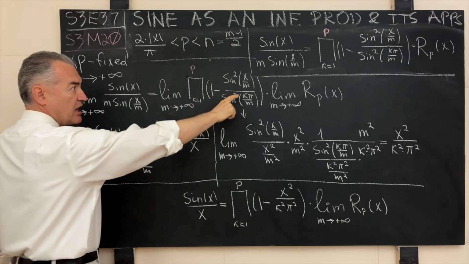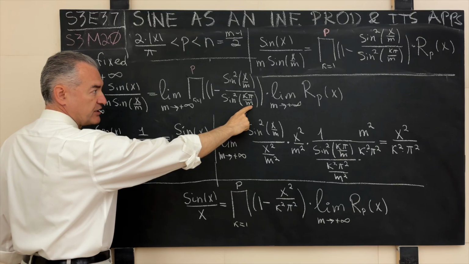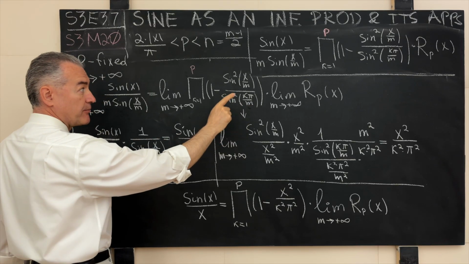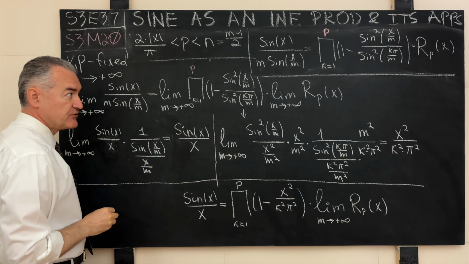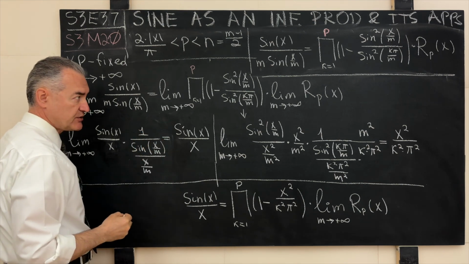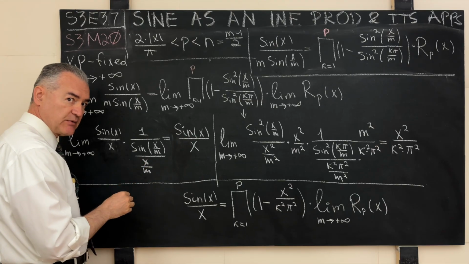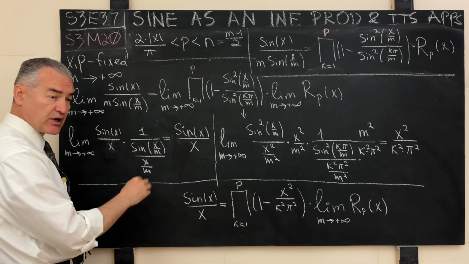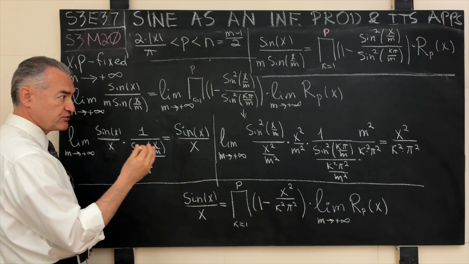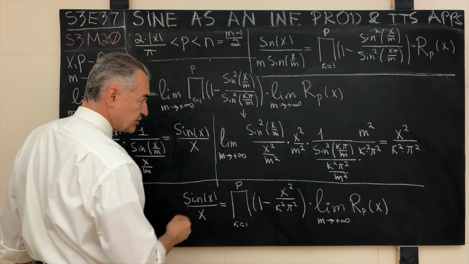And now remember that we keep the variable p fixed at a certain value. It does not change. x is fixed, so the only thing that varies over here is m. And this product is finite, a finite number of factors. So again, we apply the same theorem. The limit of a product is the product of the limits, provided that the limits exist, and on and on. So we shrink these limits together.